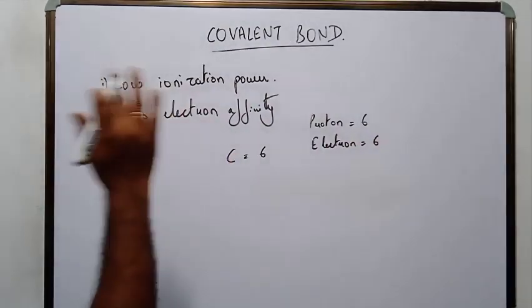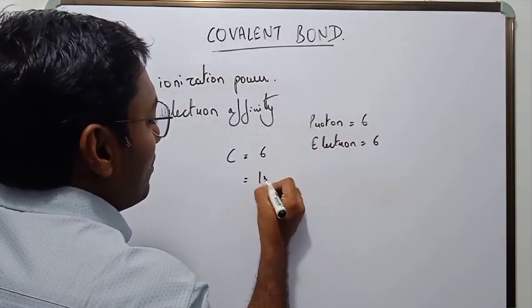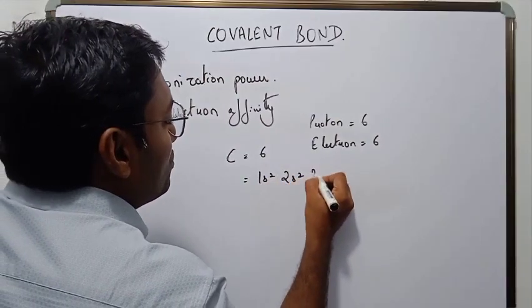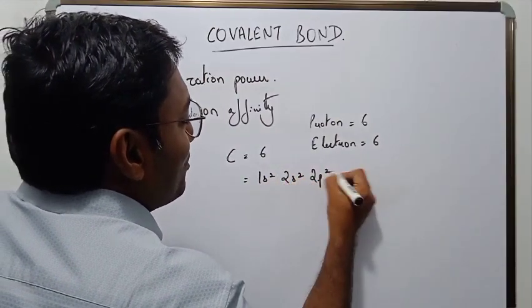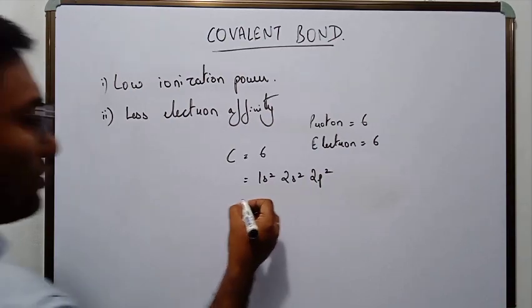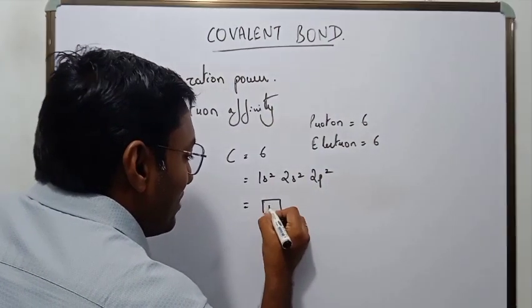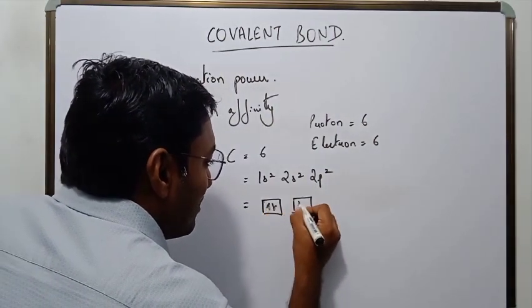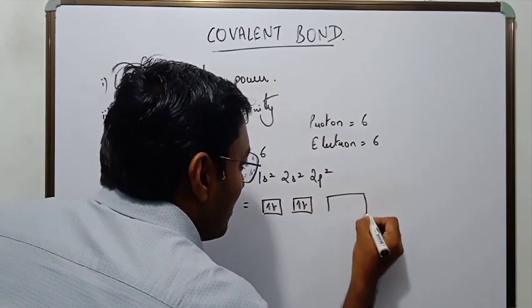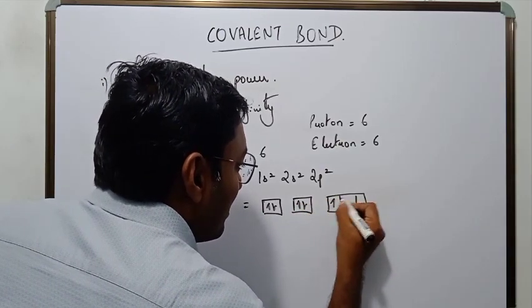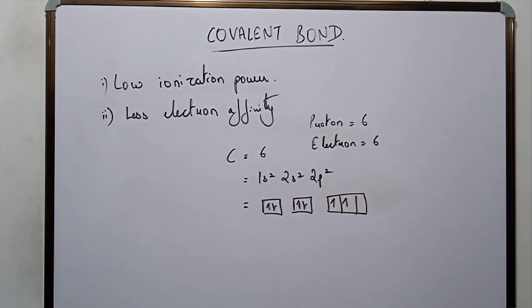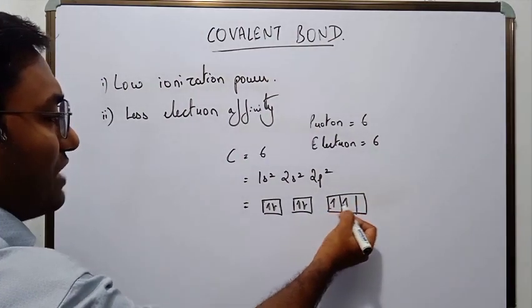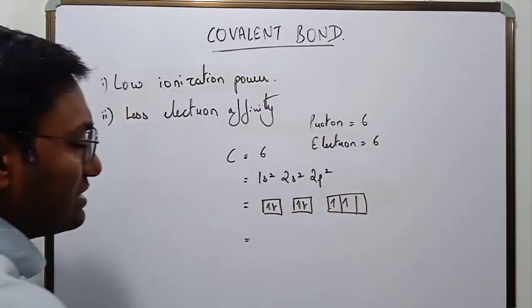Correct? Let's draw the electronic configuration: 1s2, 2s2, 2p2. Right? Let's draw this. So it would come like this. Now at first it would seem that the valency of carbon is 2, but what is the real valency?